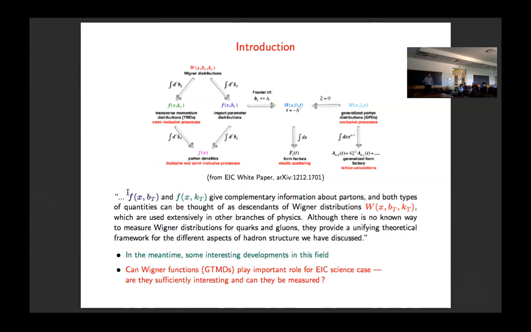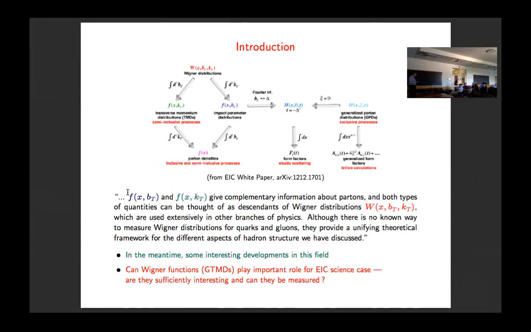It reads: the impact parameter dependent distributions and the TMDs give complementary information about partons, and those types of quantities can be thought of as descendants of Wigner distributions, W of x, b_T, k_T, which are used extensively in other branches of physics. I think this is a very important point. And then it finishes with: although there is no known way to measure Wigner distributions for quarks and gluons, they provide a unifying theoretical framework for different aspects of hadron structure we have discussed.